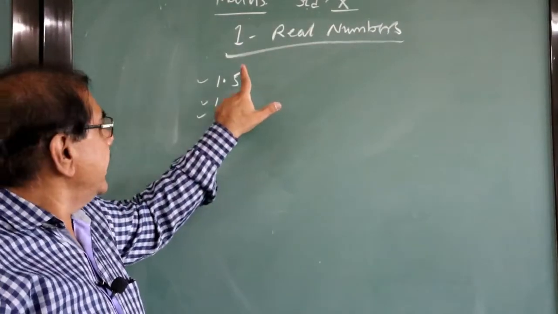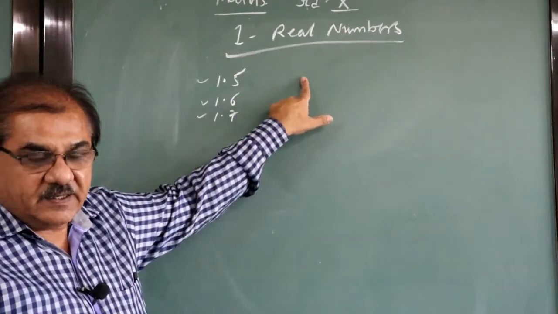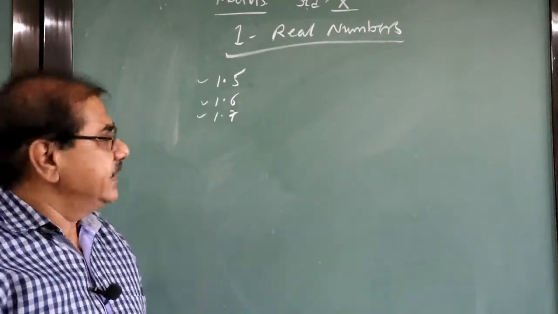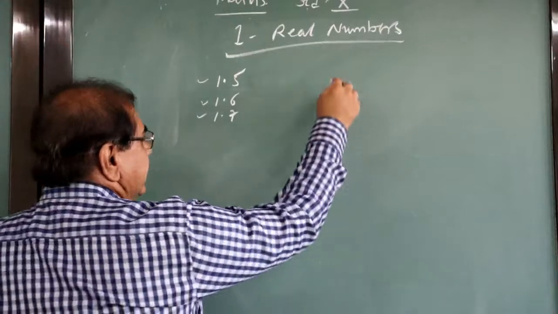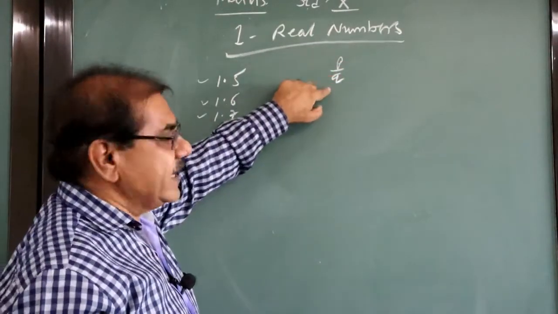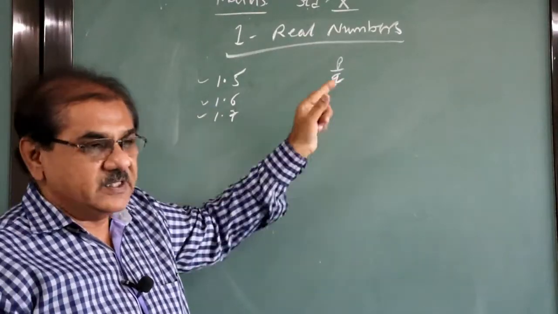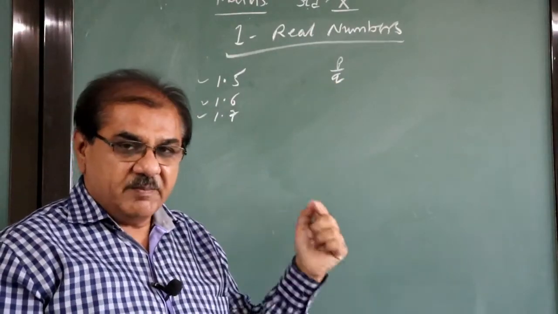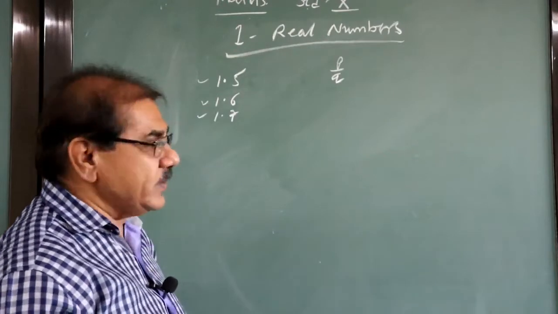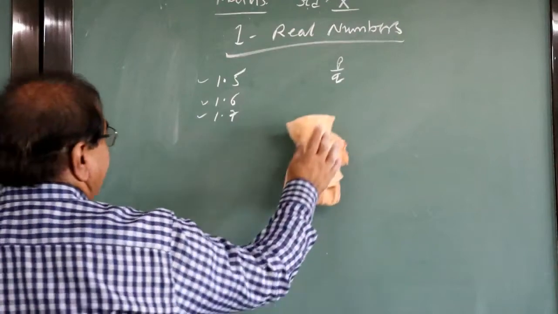Here, if x is a number whose decimal expansion is terminating, then the number can be written in the form of p upon q, where p and q are co-prime, and the prime factorization of q is in the form of 2 raised to n multiplied by 5 raised to m. 1.6 was the converse of 1.5.